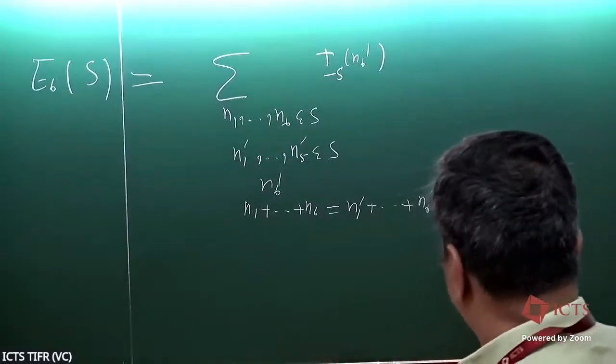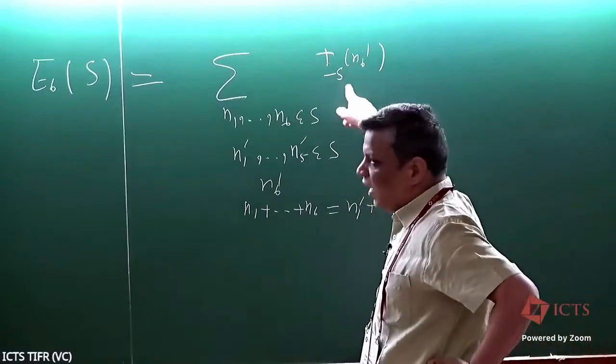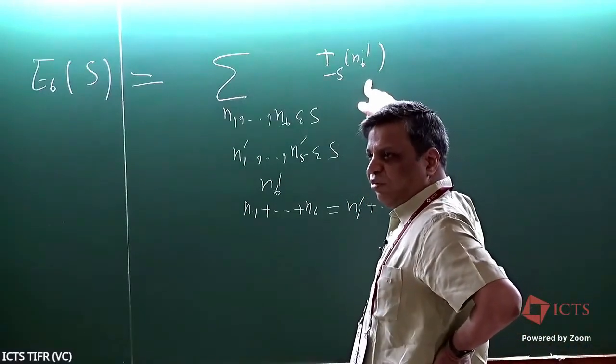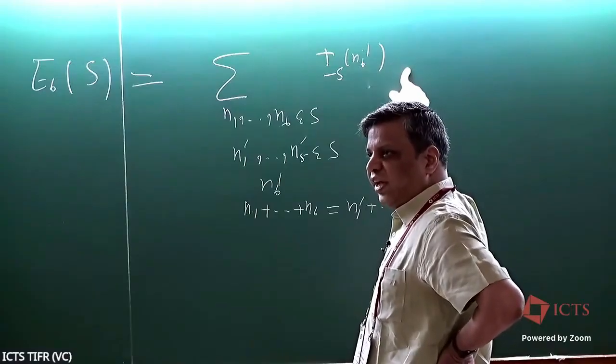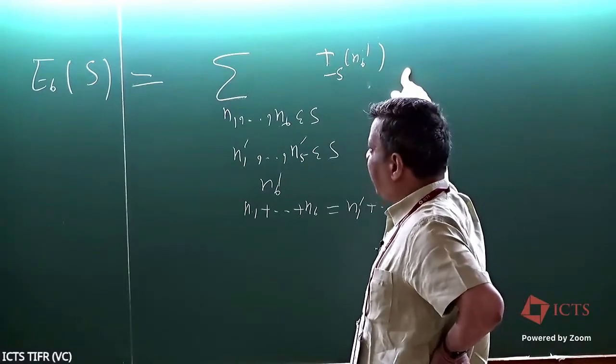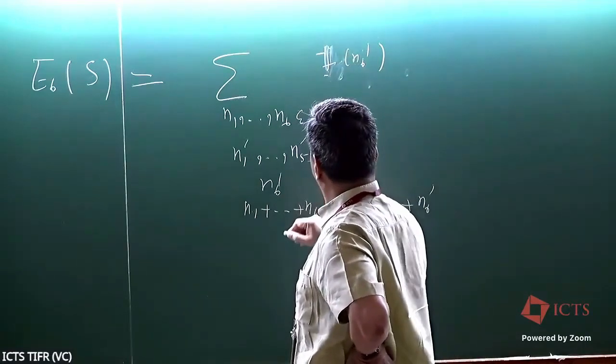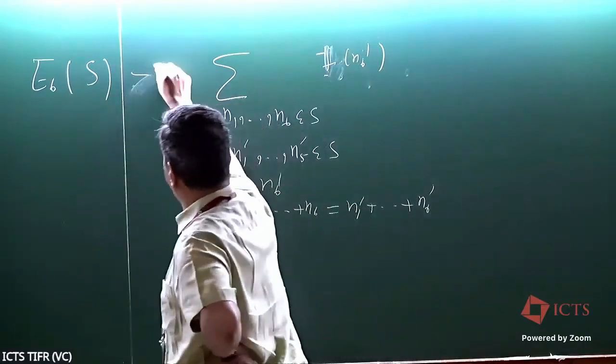Okay, now the point is that these are all non-negative functions. So if I have an upper bound for this indicator function of S nx in terms of some other function, I can replace it by some other function fn, and then replace it by this.